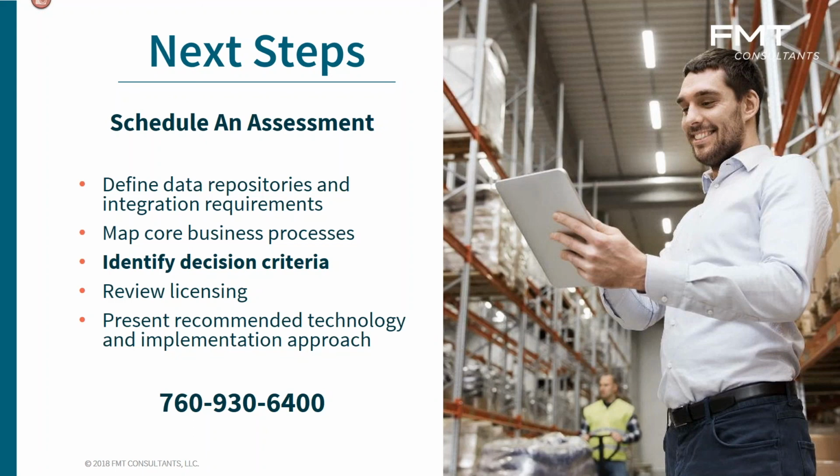We map the core business processes as part of a detailed project plan, and we identify the decision criteria so that we can deliver the information to the people that need to make a decision when they need to make that decision consistently over time. We make sure that licensing is correct for both new systems and for existing technology, and present that recommended technology and implementation approach. It's pretty straightforward. It's proven to be effective. It's a great way to start on your journey to improving overall enterprise decision making.